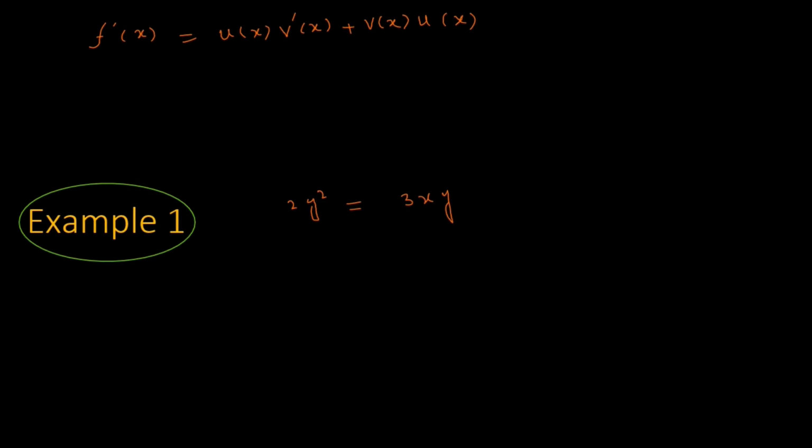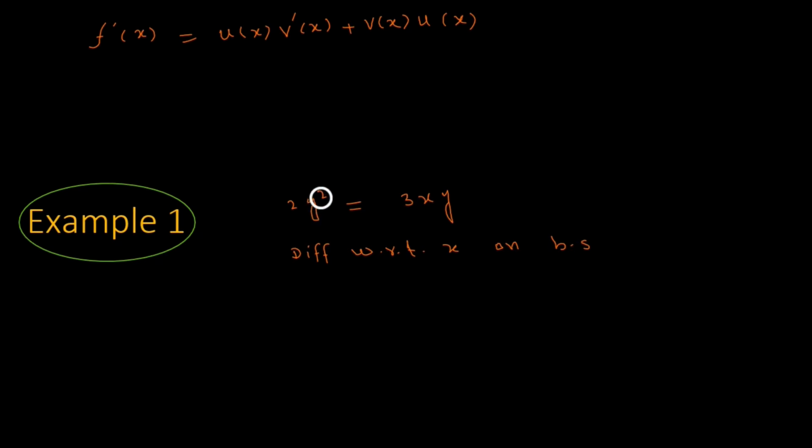What we will do is differentiate with respect to x on both sides. On the left hand side there is only one function, which is y, but on the right hand side there are two functions, one is x and the second is y. Of course 3 is a constant over here. So differentiating with respect to x on both sides, here you will apply the power rule.